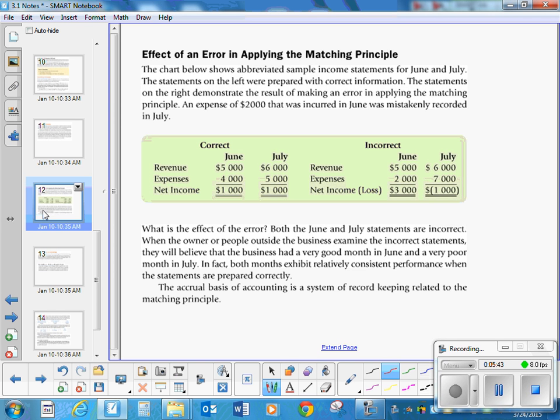In June, it looks like everything is correct, with a net income of $1,000. The incorrect way is that the $2,000, instead of being added in June, is put over into July. So do you see what happens? It looks like in June you had an income of $3,000, and in July you had a loss of $1,000. But actually, it should be $1,000 in June and $1,000 in July.